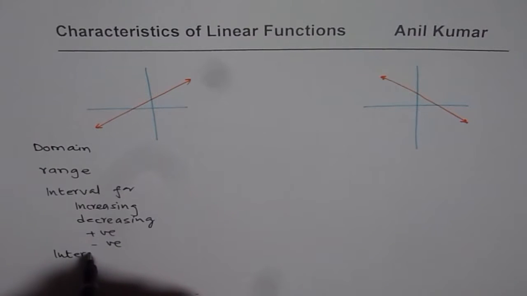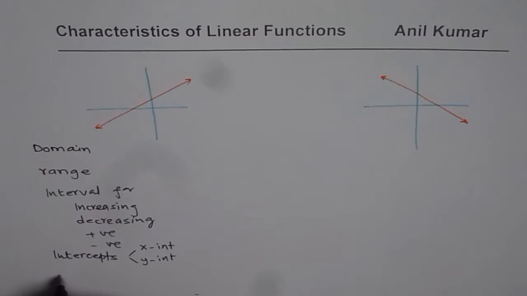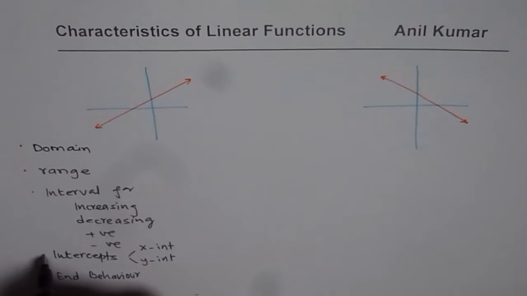So when we say intercepts, then there are x-intercepts and y-intercepts, and we should also include end behavior. So these are the characteristics which we should consider when we look into characteristics of any function for that matter, right? So we'll consider all of them one by one.